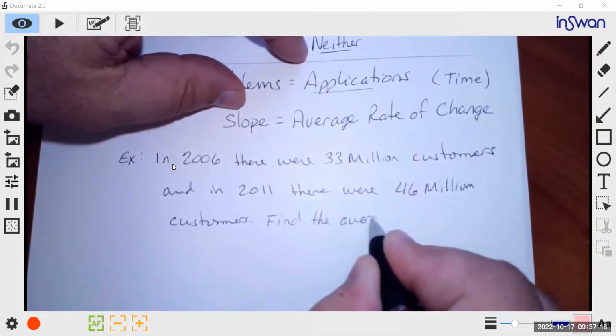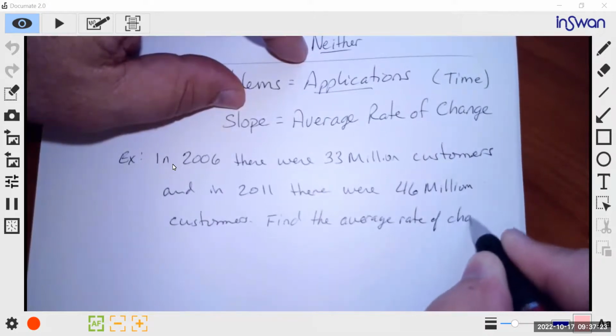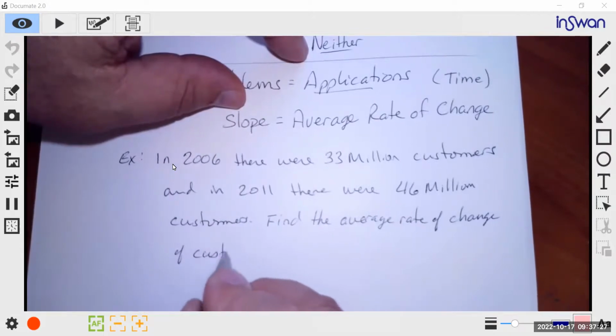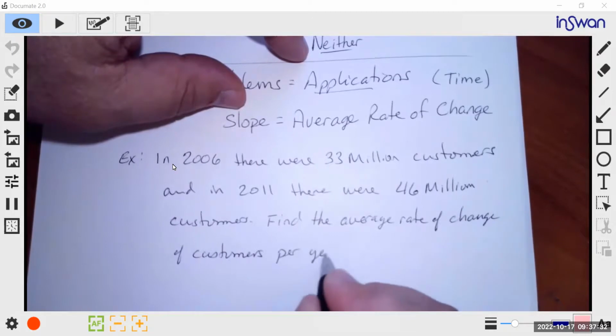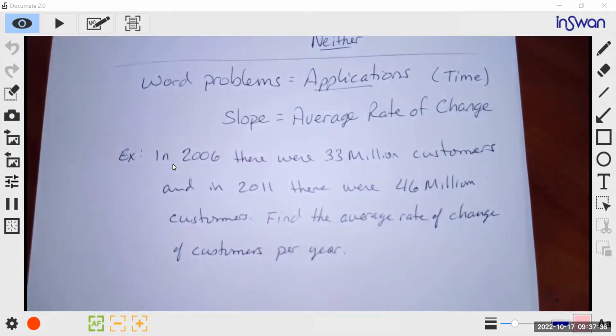Find the average rate of change of customers per year. In 2006, there were 33 million customers, and in 2011, there were 46 million. Find the average rate of change.